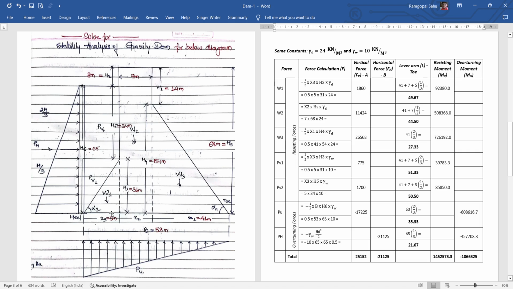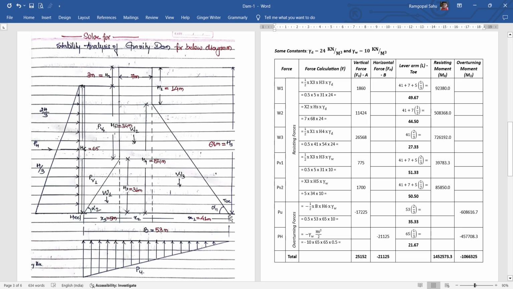So every shape has different CG locations. So for a triangle, it will be lying at either 1/3 or 2/3 of the base width. So for calculating the lever arm for W1, we can go for a calculation either from toe or from the heel. Here in the analysis we have gone from toe.